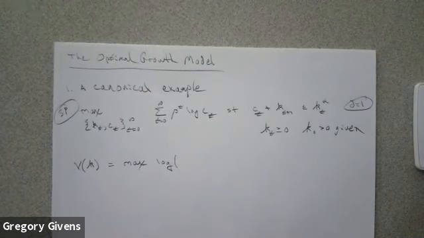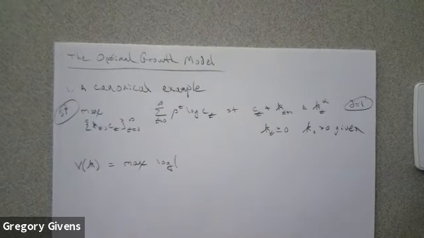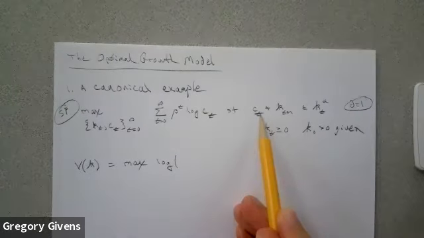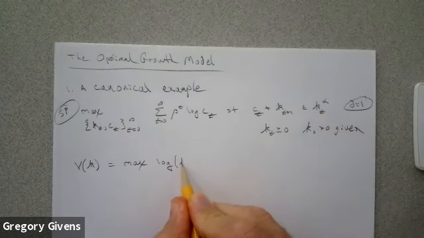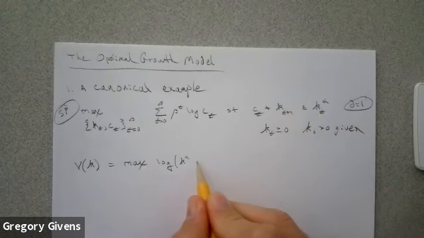Well, what's the log of consumption? We want to substitute out C from the problem so that this is one-dimensional. What is current consumption going to be equal to? It's K to the alpha minus tomorrow's capital stock, K prime.